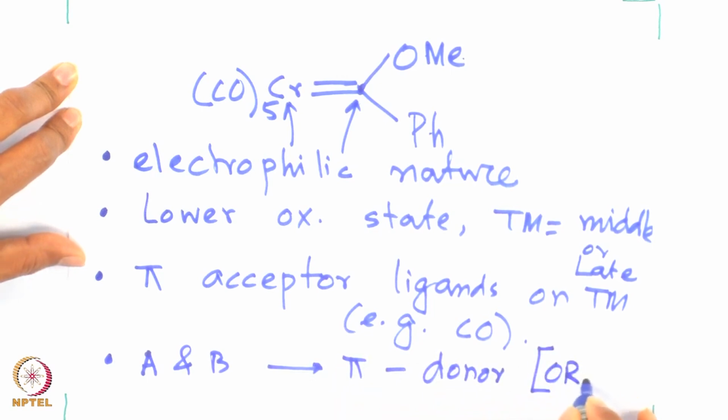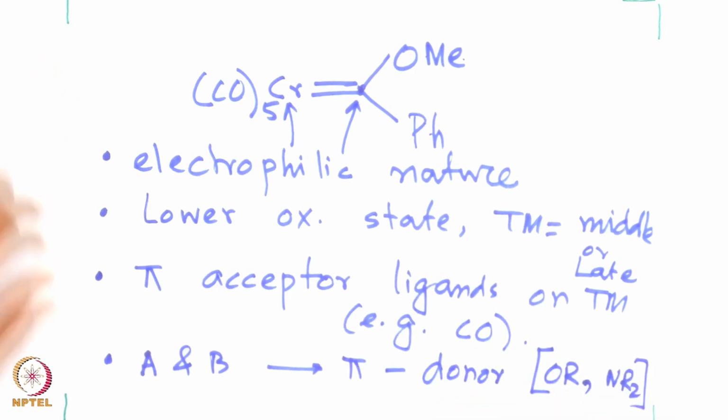Usually we can get alkoxide or NR2 type. This is an example of a Fischer carbene where you have a chromium complex of a pentacarbonyl species, and the methoxide and phenyl are attached to the carbene carbon center.